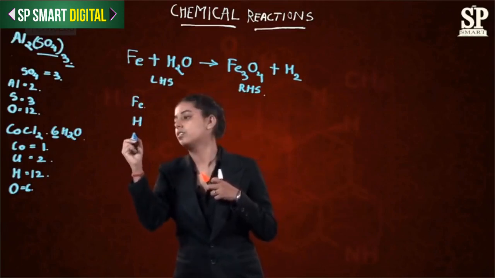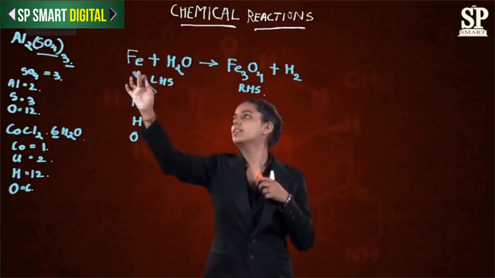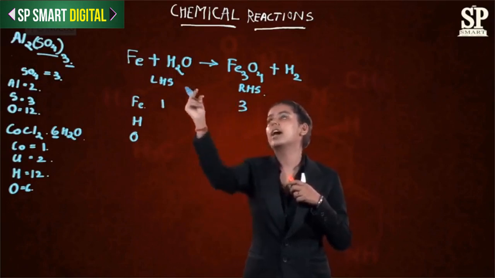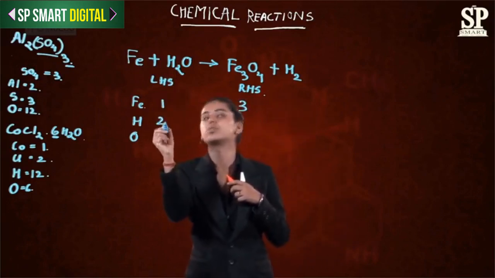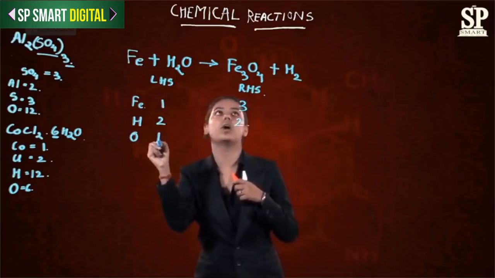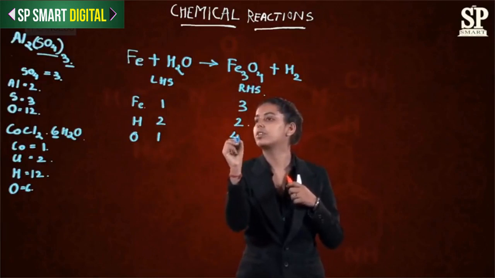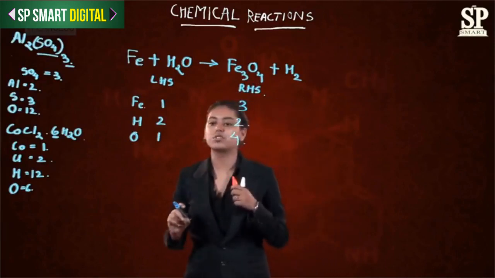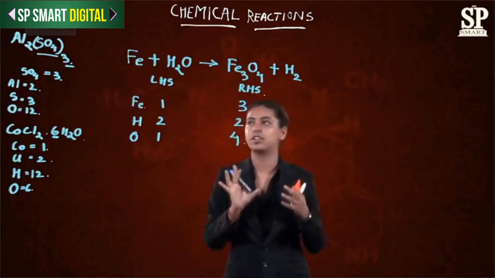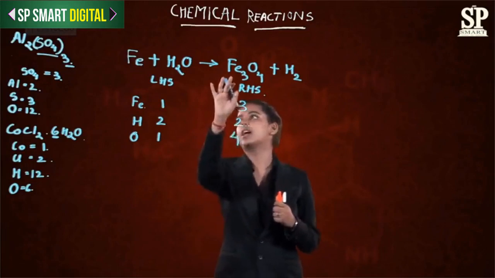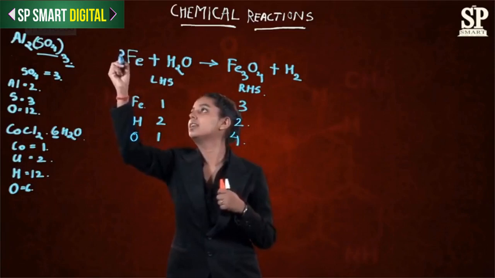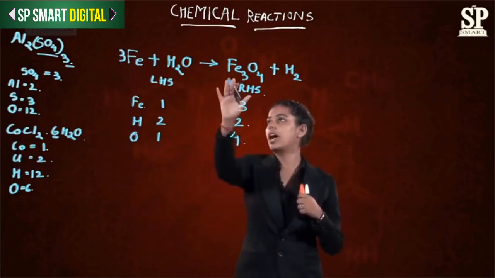We will calculate the number of atoms of each element present, for iron, hydrogen, and oxygen. On the left hand side, iron is 1. On the right hand side, it is 3. Hydrogen, on the other hand, here is 2, and over here it's 2. Oxygen is 1, and over here it's 4. Now we have to balance this equation so that the number of atoms of each element is the same on the right hand side as well as on the left hand side. We will start off with iron first. As we can see that there are 3 atoms here, we will add 3 on the left hand side. Now iron is balanced.